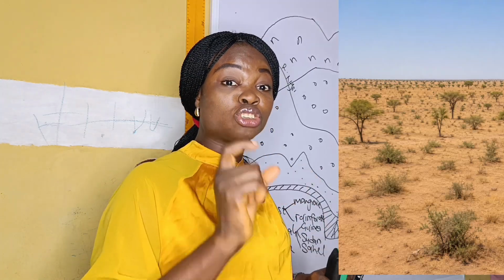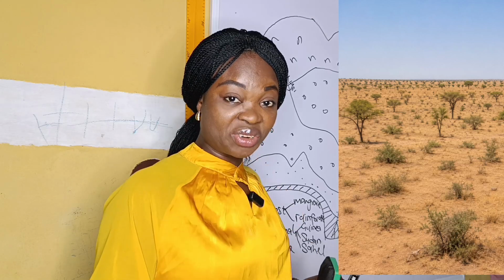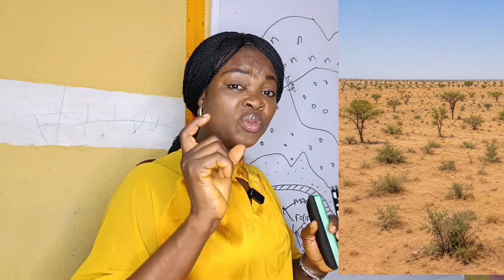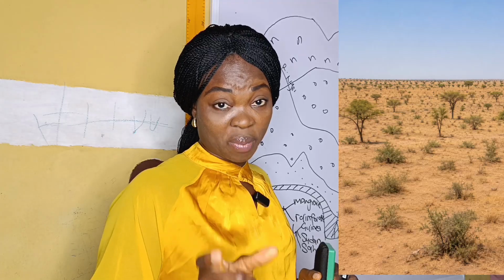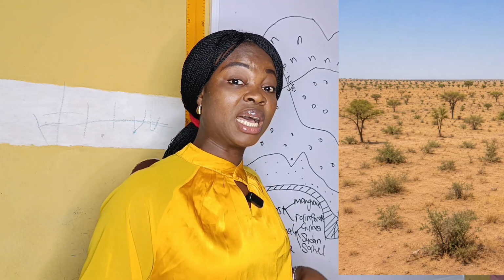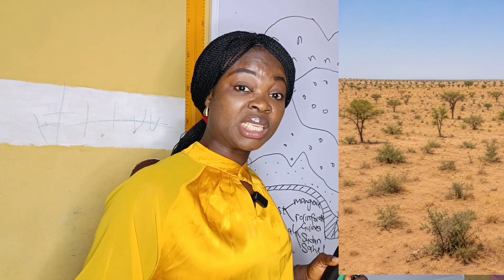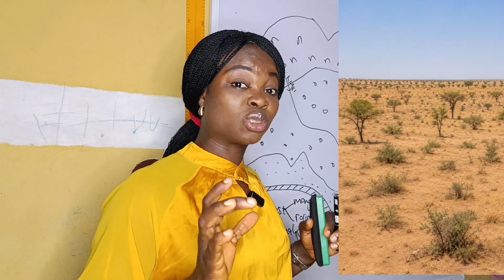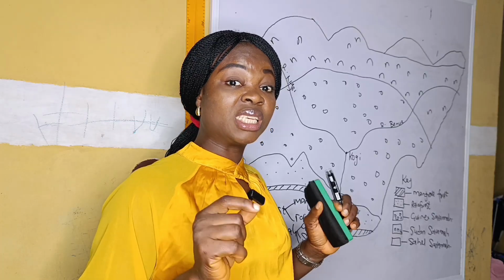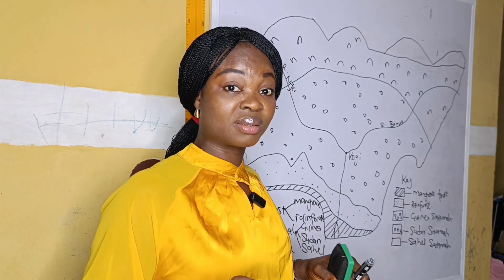It has short, scanty trees. It has many drought-resistant trees or plants. Popular trees that can be found in Sahel Savannah are date palm, acacia, Arabic gum. Those are some of the important or popular trees that can be found in Sahel Savannah.